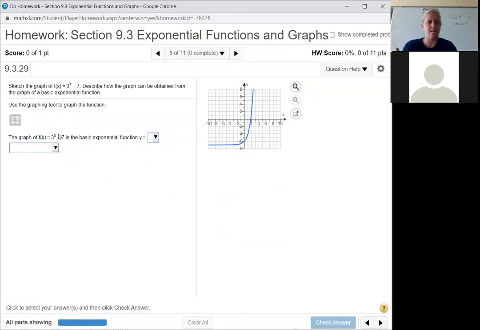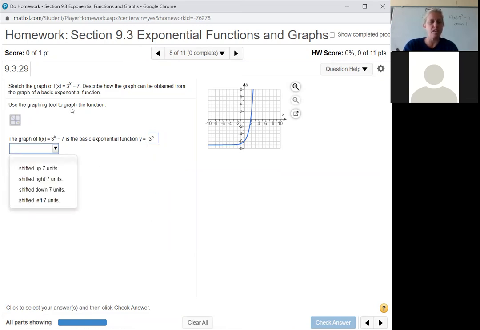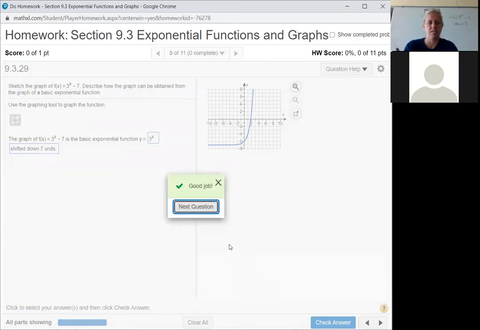Okay, I feel like this one kind of did it backwards. So this graph of f of x equals 3 to the x minus 7 is the basic exponential. This is where you would choose 3 to the x, right? That's our base, the 3, x in the exponent. Then the next one, since this minus 7 is in the back, it's an outside number, so it's going to shift it down 7 units.